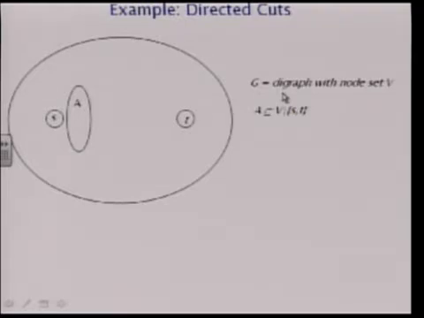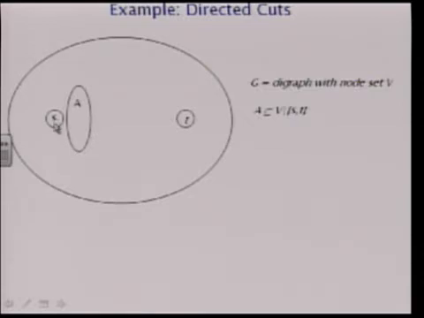For instance, the edge from A to B is different from another edge from B to A. So in that case, a directed graph includes not only a collection of nodes, but also the direction, a pair of nodes including a source and a destination.